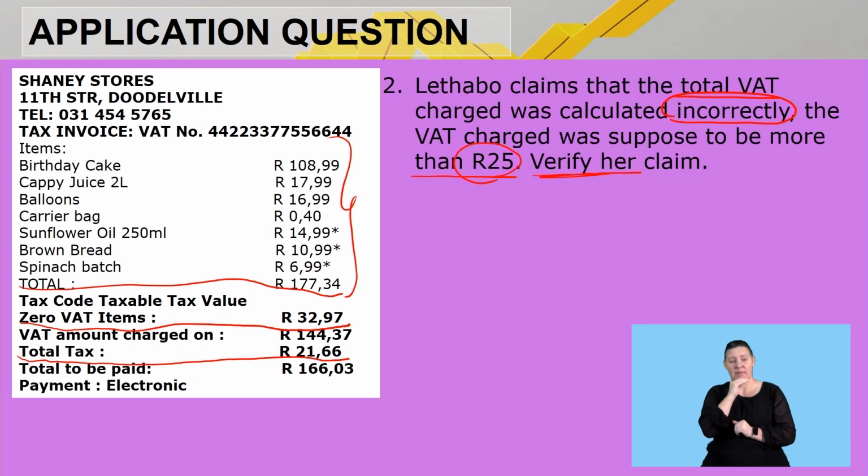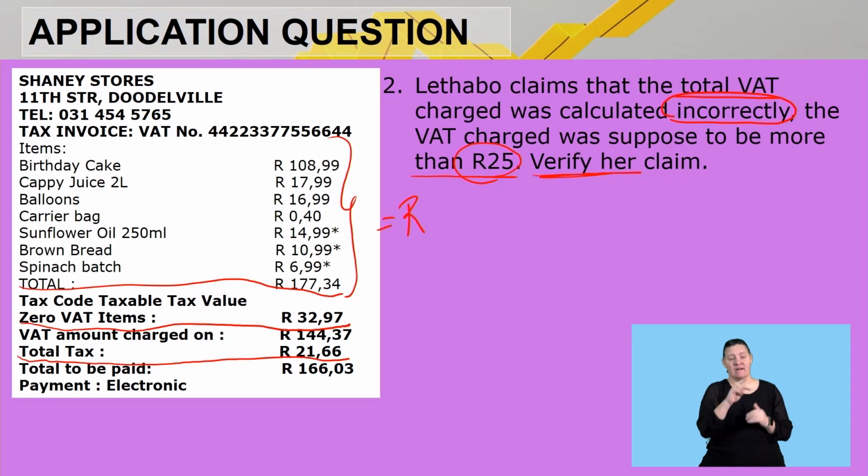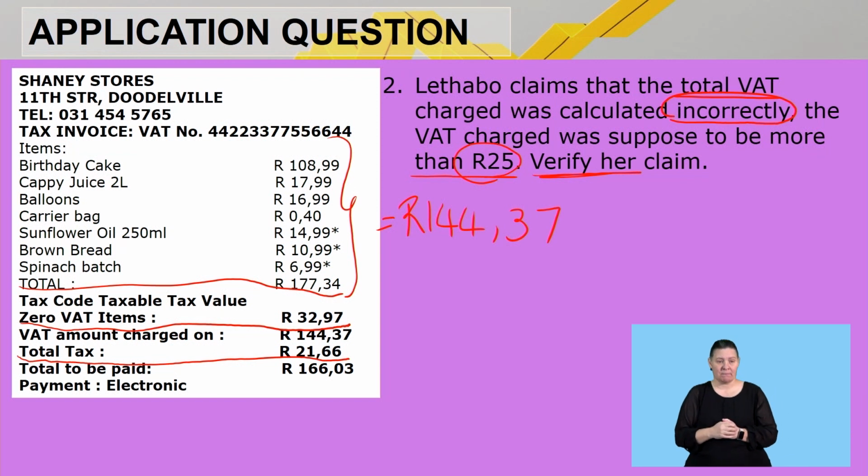So it simply means that they have subtracted the zero rated items from the 177.34, and they have charged VAT only on those items that are not our basic needs. So it means they have charged VAT on 144.37.